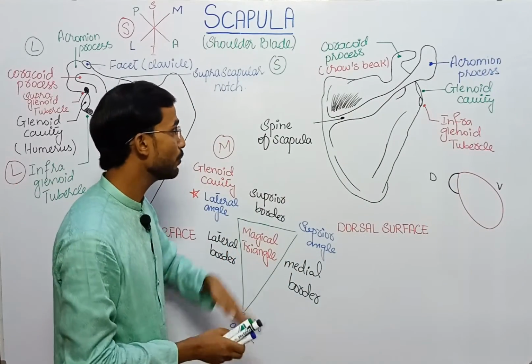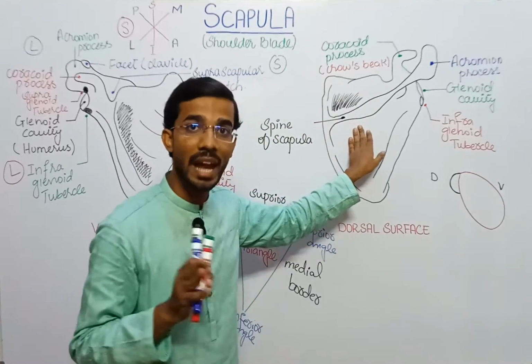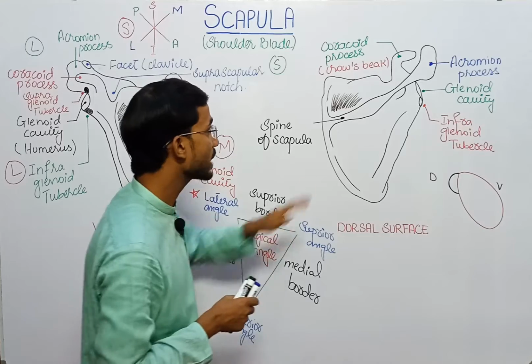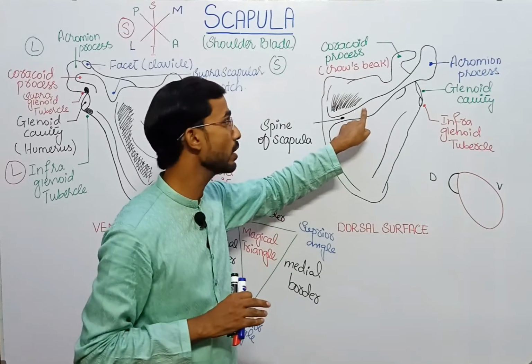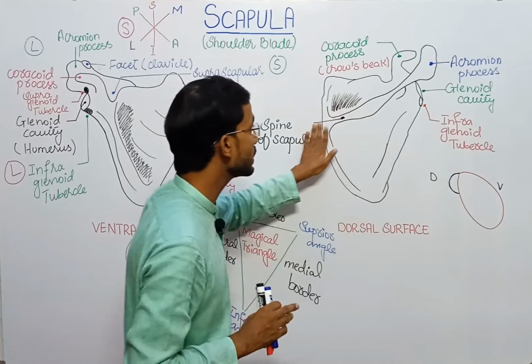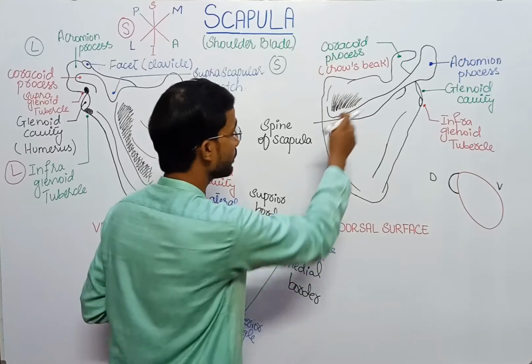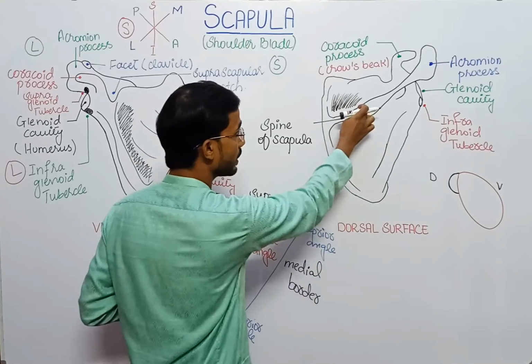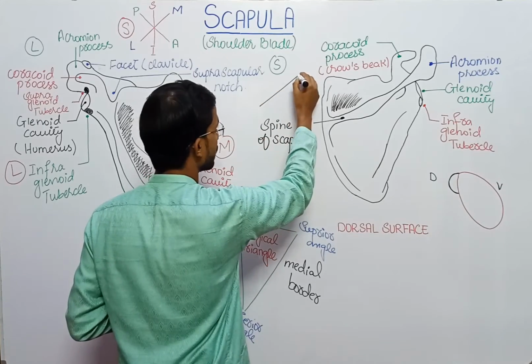Keep in mind, if we discuss the spine of the scapula, it's actually a triangular shape. We are discussing it in two dimensions; this is the front view. If we turn this scapula, we will see it here, right?